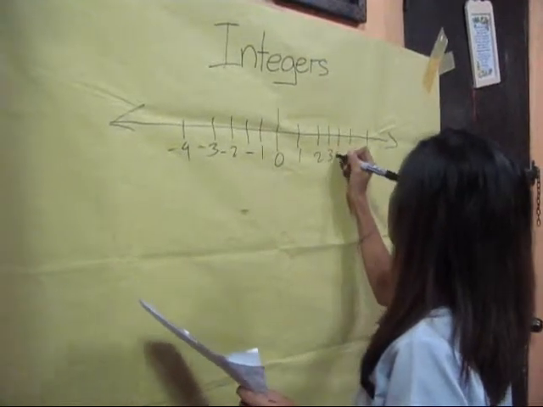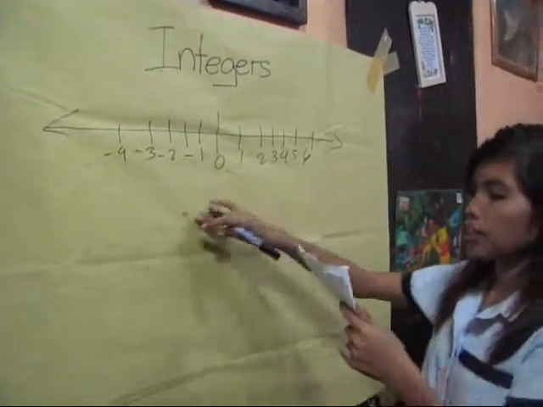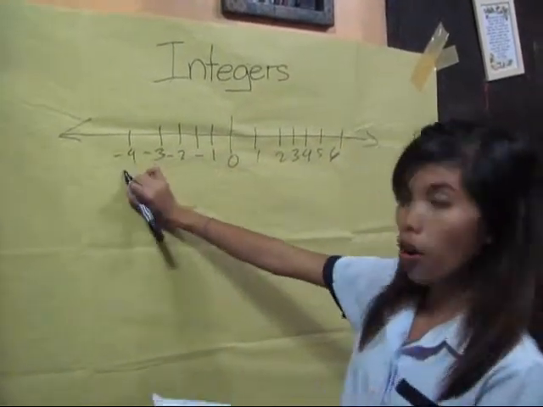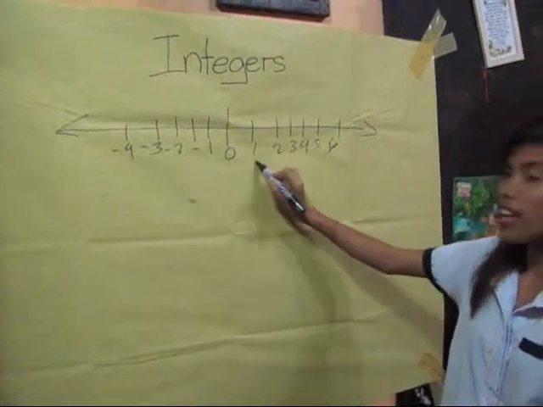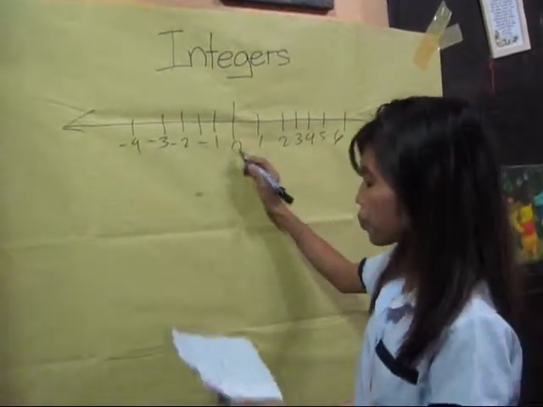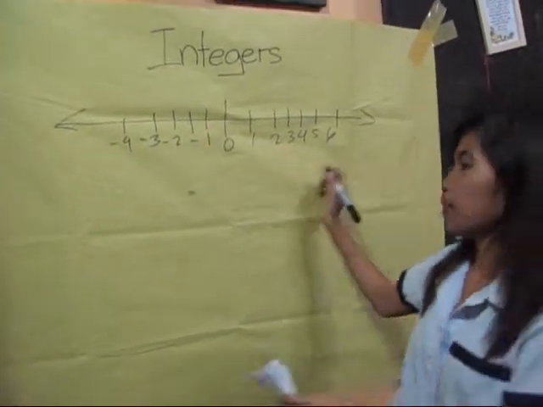Integers can be negative 1, negative 2, negative 3, negative 4, and positive 1, 2, 3, 4. Also 0. We can put that all together like this.